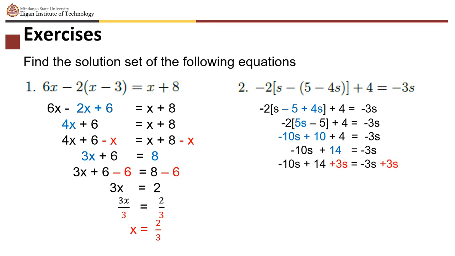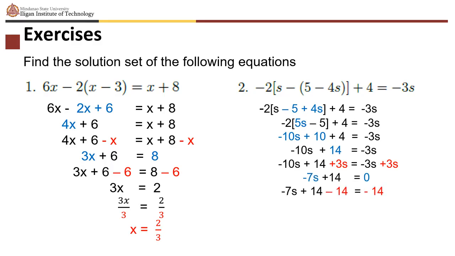And then add both sides by 3s because this is minus. So add both sides by 3s and come up with negative 10s plus 3s equals negative 3s plus 3s here. It will give us negative 7s plus 14 equal to 0.